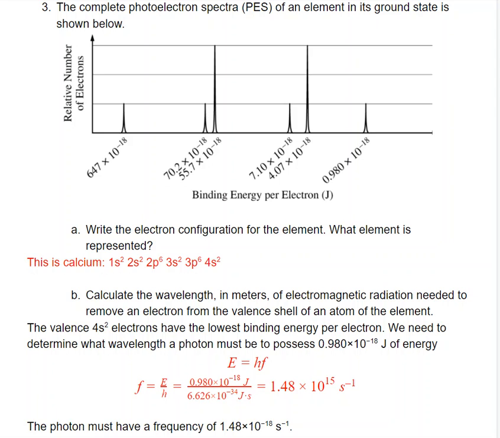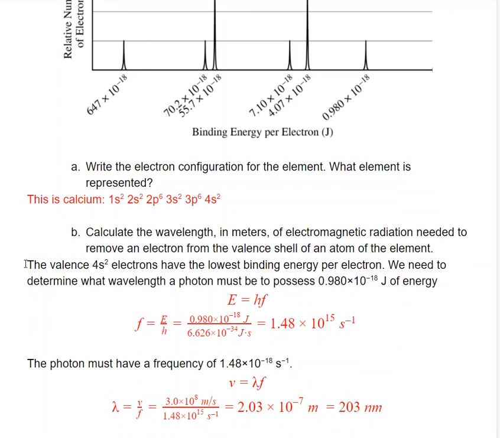So we want to calculate the wavelength in meters of electromagnetic radiation needed to remove an electron from the valence shell of an atom of the element. So the valence 4s2 electrons have the lowest binding energy per electron. This is because they're farthest from the nucleus. So we just have to figure out what wavelength a photon should have in order to possess that amount of energy.